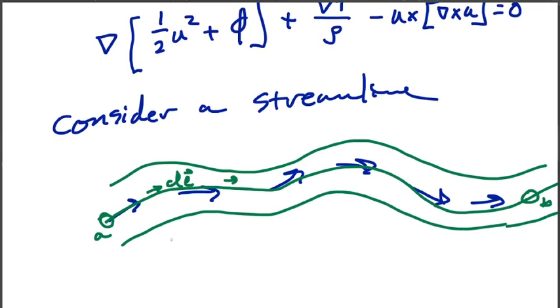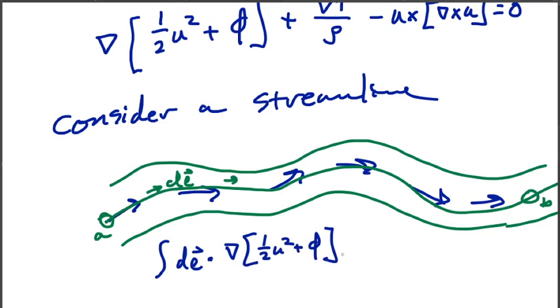So we've got the integral along our path of our differential length dotted with the gradient of 1/2 u squared plus phi, plus the grad p over rho, and then minus u cross del cross u.